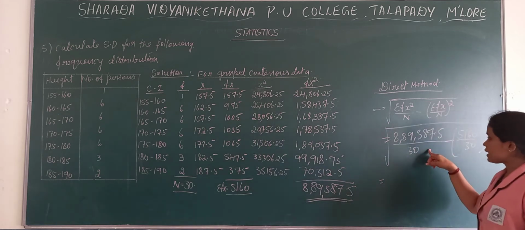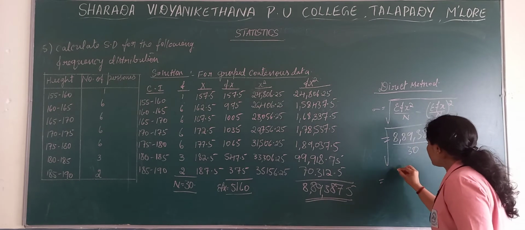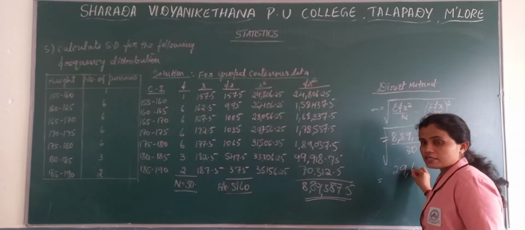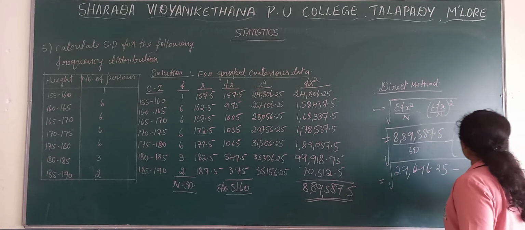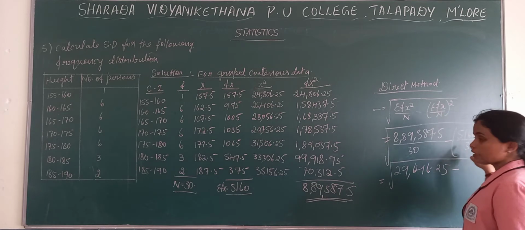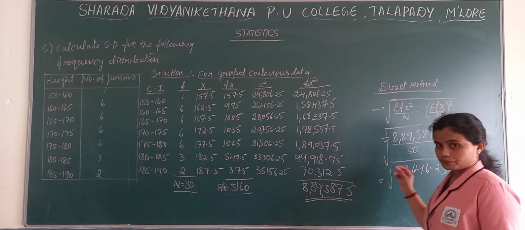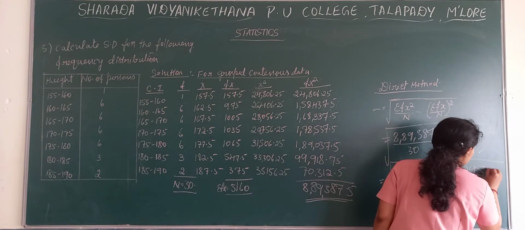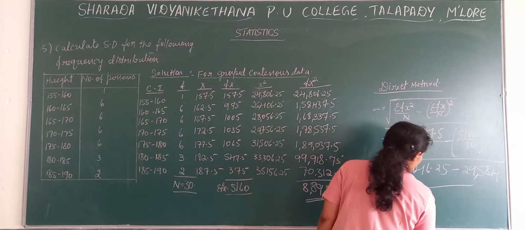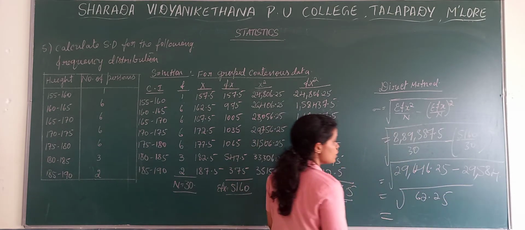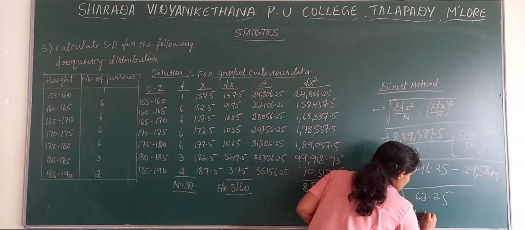Now 8,89,387.5, when we divide it, we get 29,646.25 minus 5,160 by 30 and the square of that value, you get 29,584. So here when you take the difference, you get 62.25, and the final answer is the root of 62.25, which is 7.89.